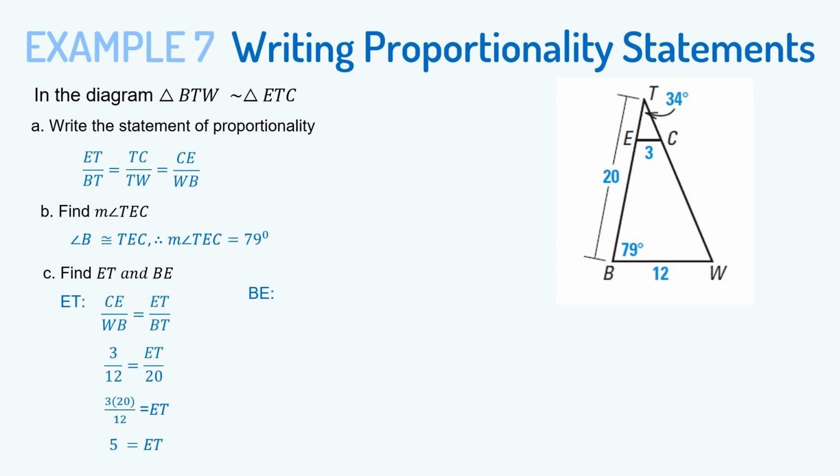So to find the measure of the segment BE, what we can do is find the difference between the length of BT and ET. So BE is equal to the length of the segment BT minus the length of the segment ET. So in other words, BE is equal to 20 minus 5, and 20 minus 5 equals 15. So the measure of the segment BE is 15 units.